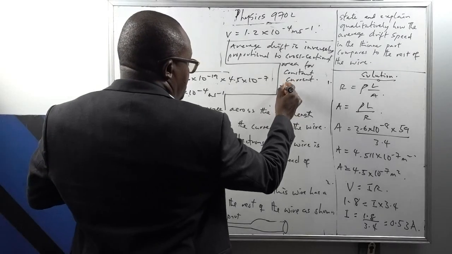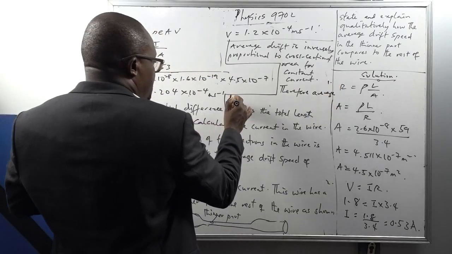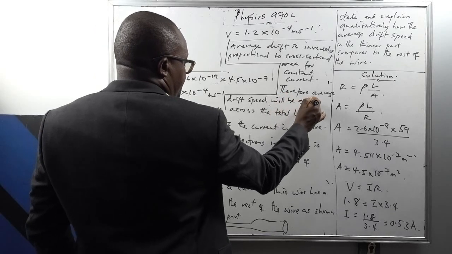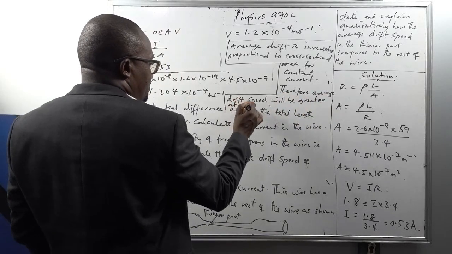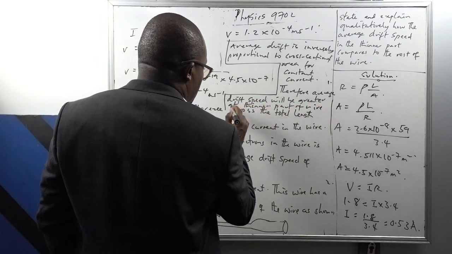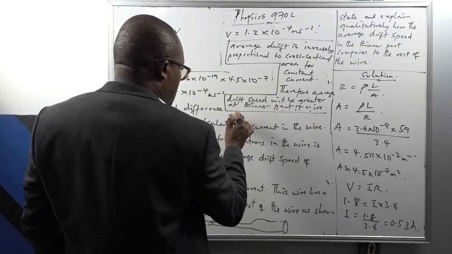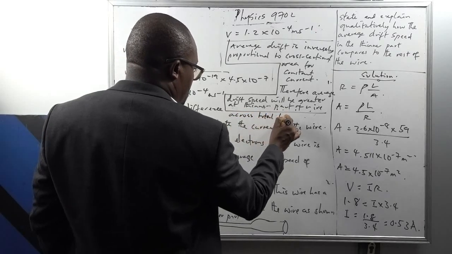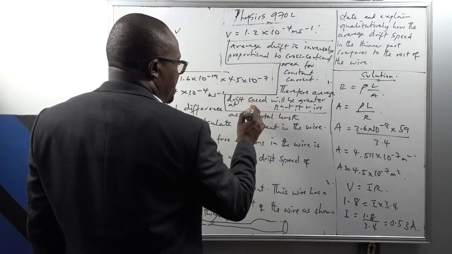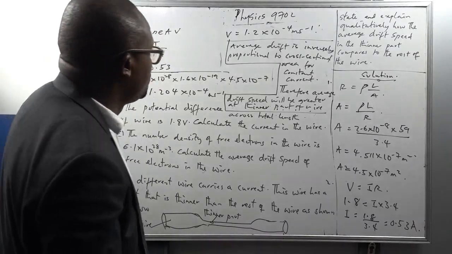Therefore, average drift speed will be greater at the thinner end of the wire. Is that okay? So average drift speed will be greater at the thinner parts of the wire, which you can easily see here.